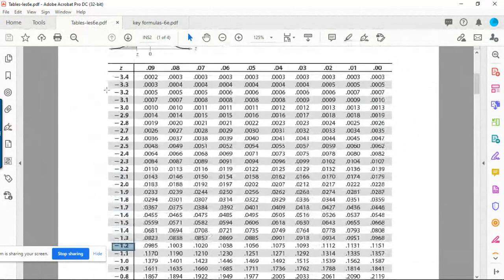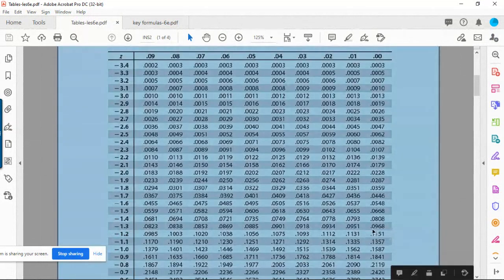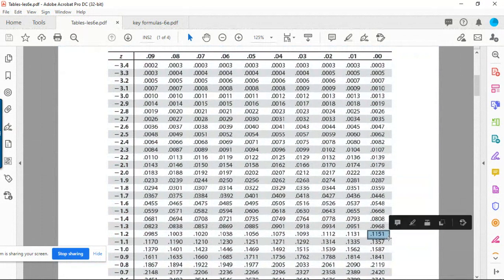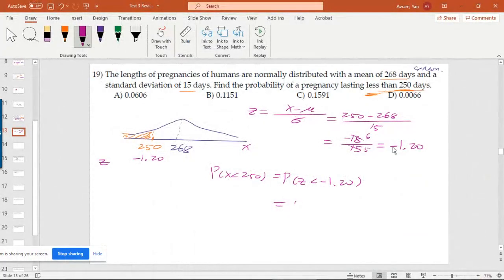Okay, so negative 1.2, then 0, because the 0 is at the end, right? And now we're getting 0.1151. If you want to convert it into a percentage and round to the integer, this is about 12% of babies being born prematurely.